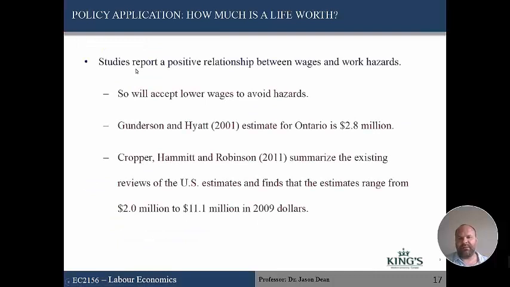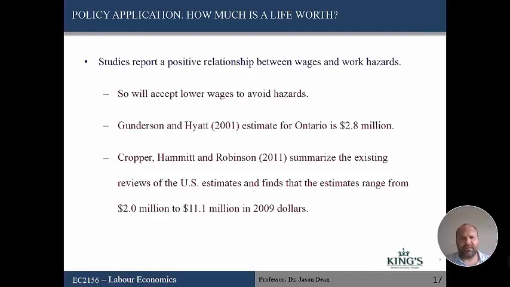There are some studies that have looked at this. There's actually quite a few. Typically, they find that there is a positive relationship, which we would expect. So there's a positive relationship between wages and work hazards. A study by Gunderson and Hyatt in 2001 found that the estimate for Ontario in Canada was roughly 2.8 million.